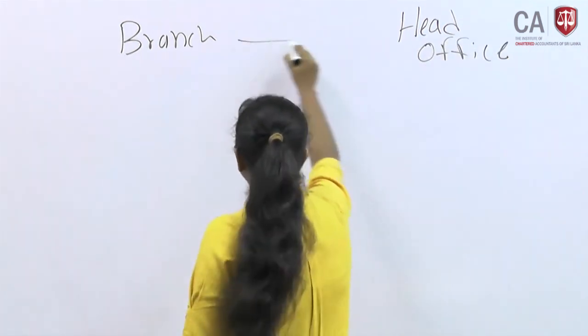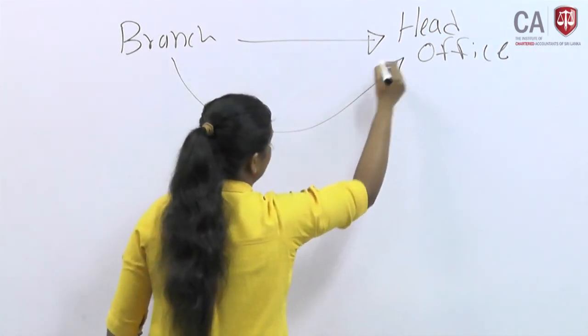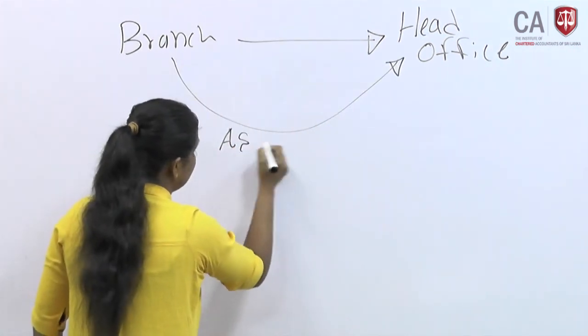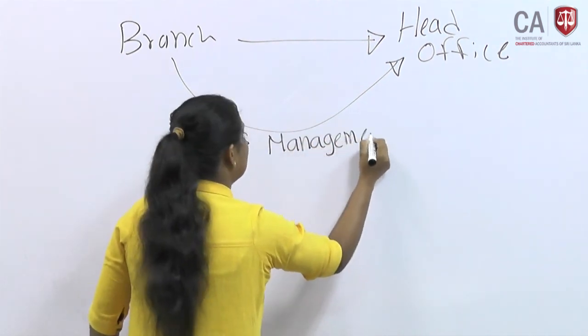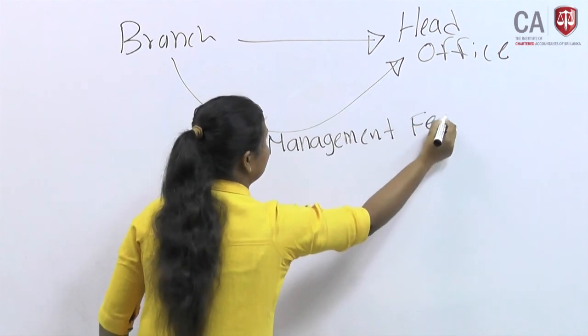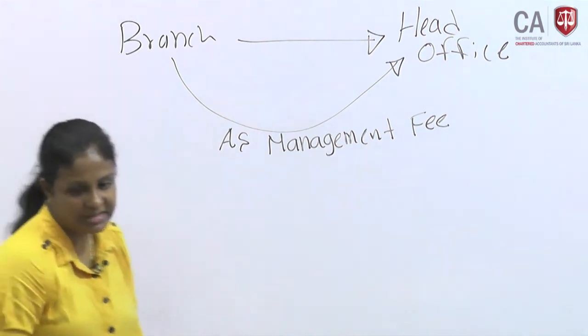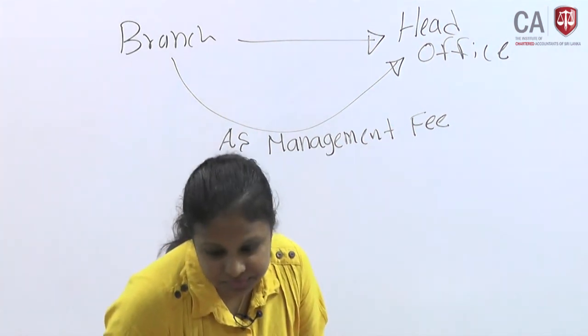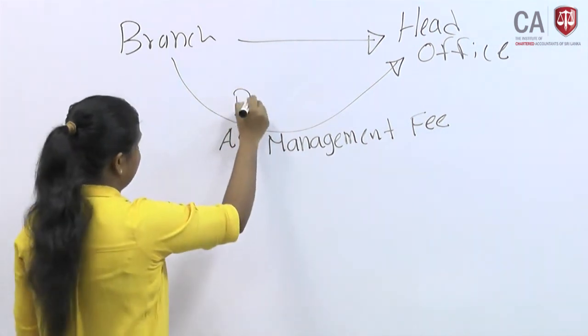The branch office is making a payment to the head office as management fee. What is the amount in our question? No amount is given. We will take it as rupees 1 million.